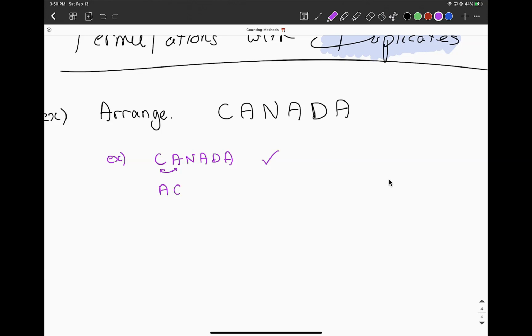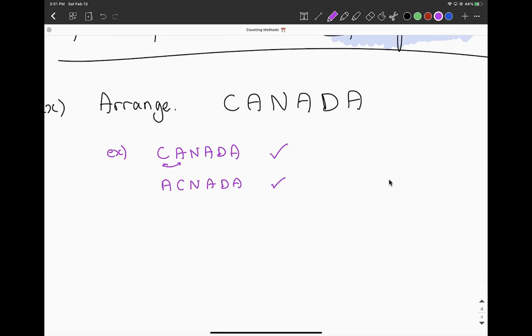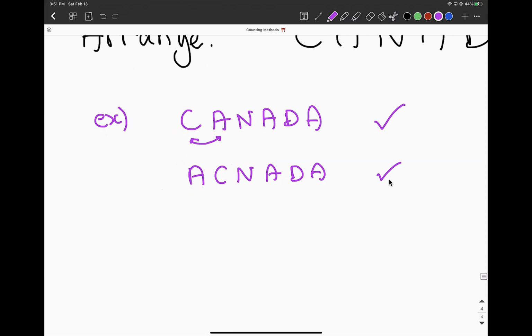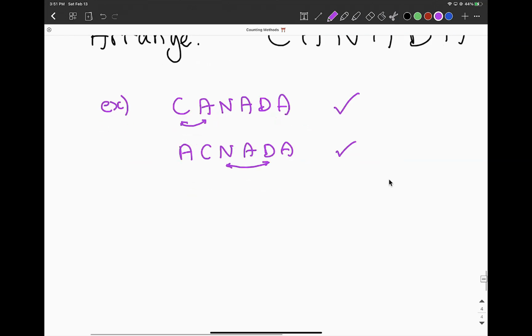And so if I was just to switch those two, that looks different. That would be a different code. Totally would count. And this is going to be true if I switch any two letters, it should create something new that we haven't seen quite yet.